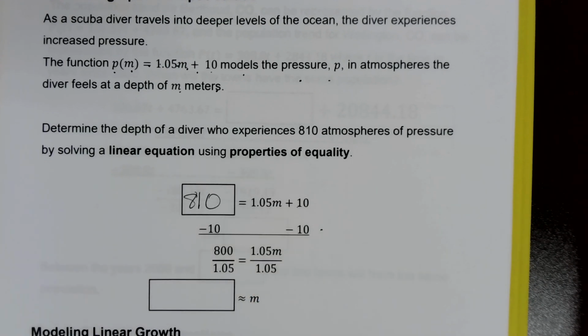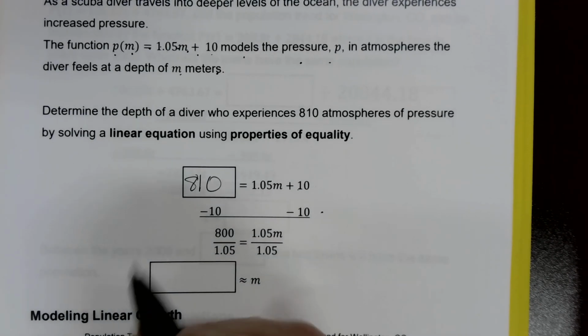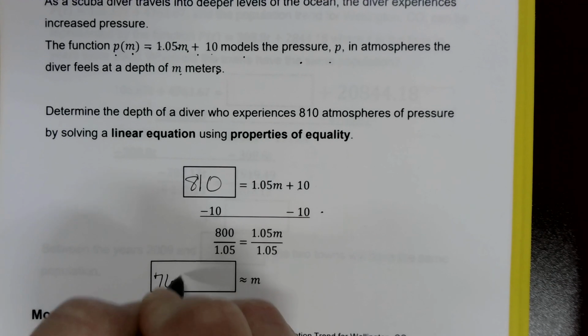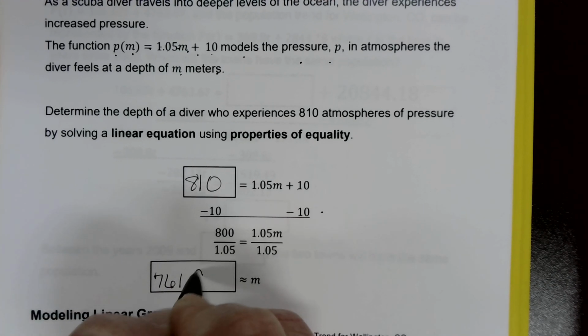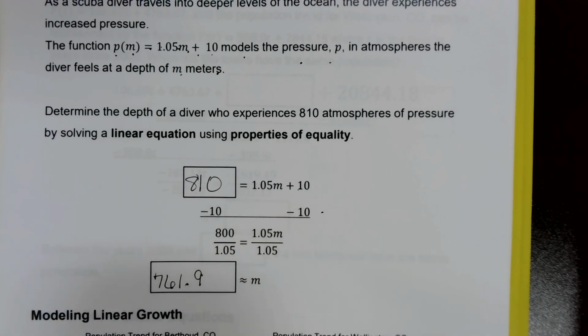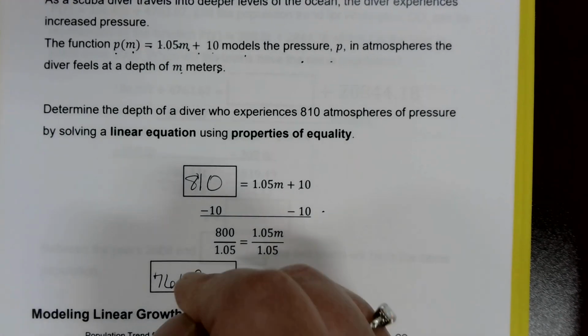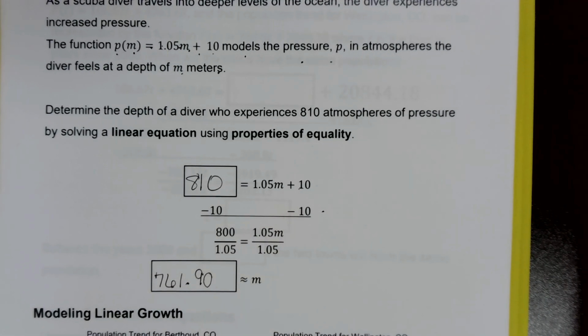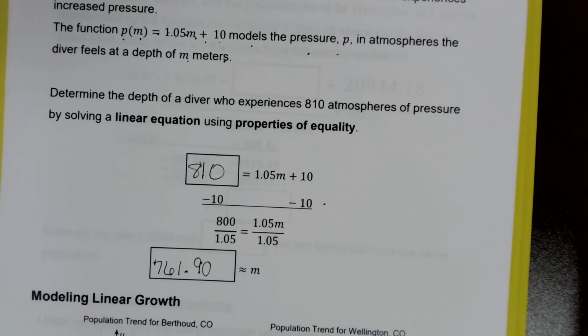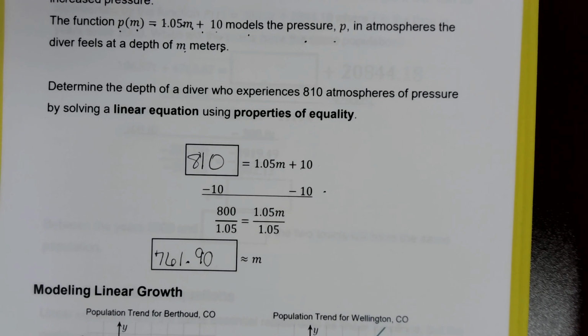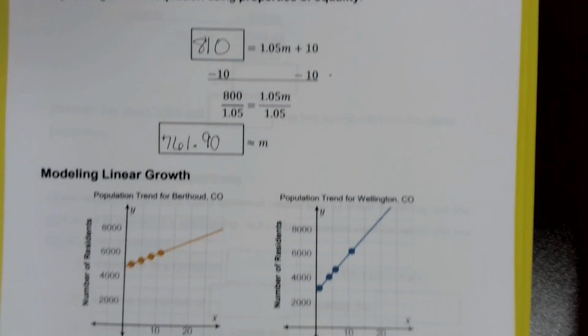I'll stick that in a calculator, and we're looking at 761.9 meters approximately. Rounding to the nearest hundredth would be 90, the 0.9 would be the tenth. But that's how they find the depth using atmospheric pressure.